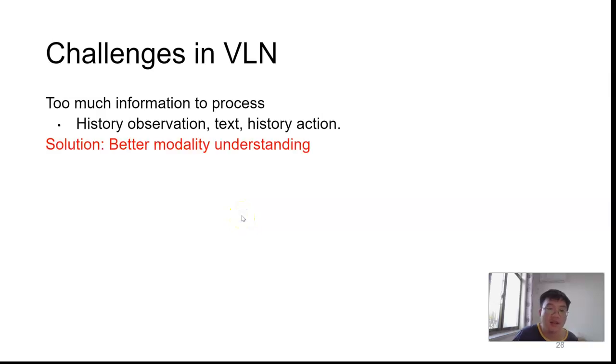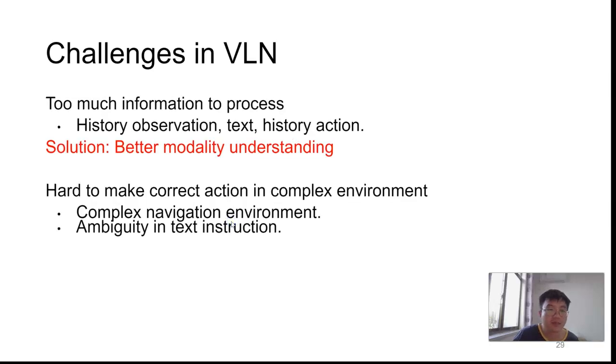The solution is we need to build a better modality understanding module to understand the visual information, text information, and the action information. Also, it is hard to make a correct decision after we, as an agent, understand the modalities, because sometimes the environment could be really complex. So in that case, we need a better action strategy.